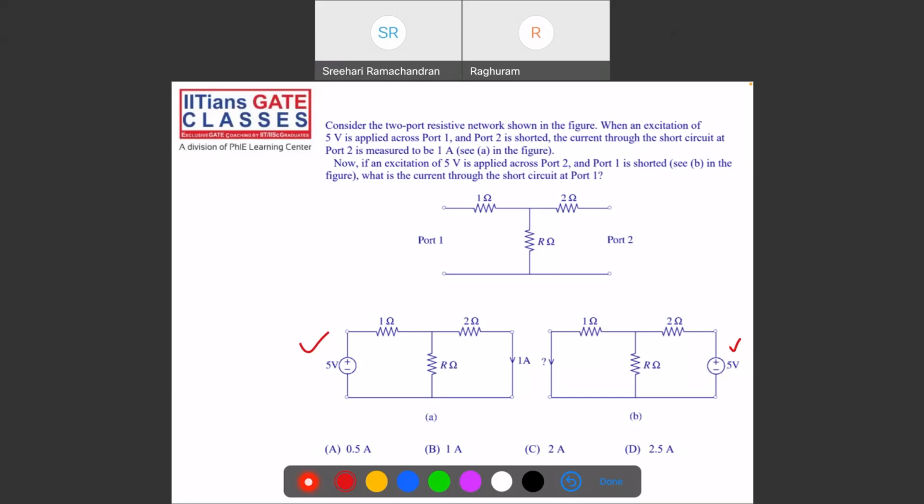Any answer? It's a reciprocal network, so 1 ampere directly. Otherwise, you have to find the value of R, then substitute it here, then calculate it. You'll again get the same value.